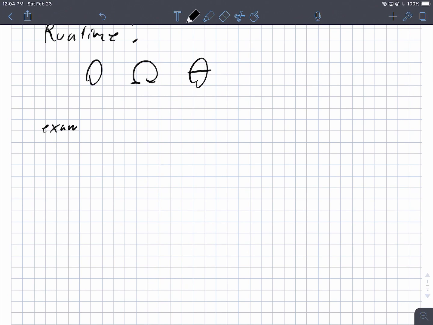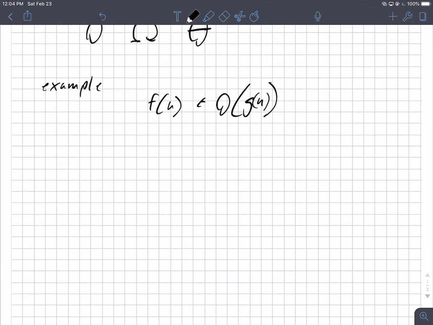So, for example, you should know that if we have some function f of n that's considered big O of some other function g of n, that's equivalent to saying that there exists an n naught and a c such that for all n greater than n naught, f of n is less than or equal to c times g of n.